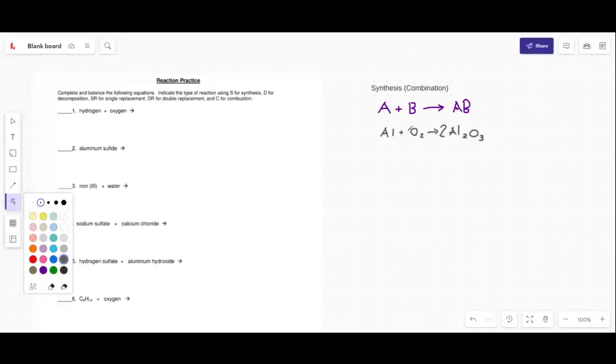And this is 2 aluminum oxides, 3 oxygen, and 4 aluminum. That would be the balanced equation. But this is just an example of a synthesis reaction.